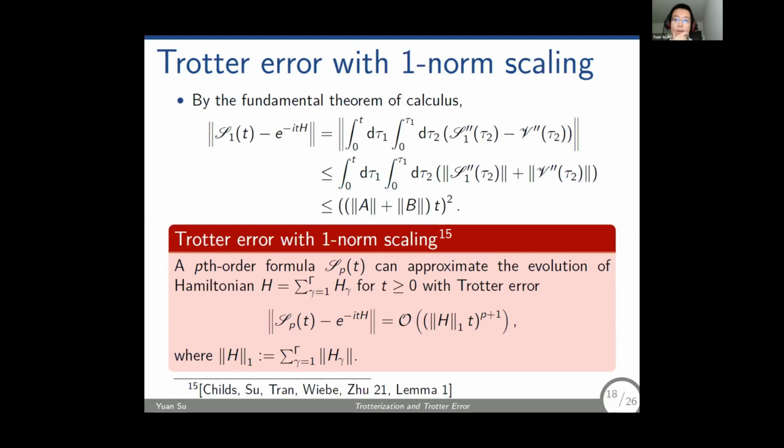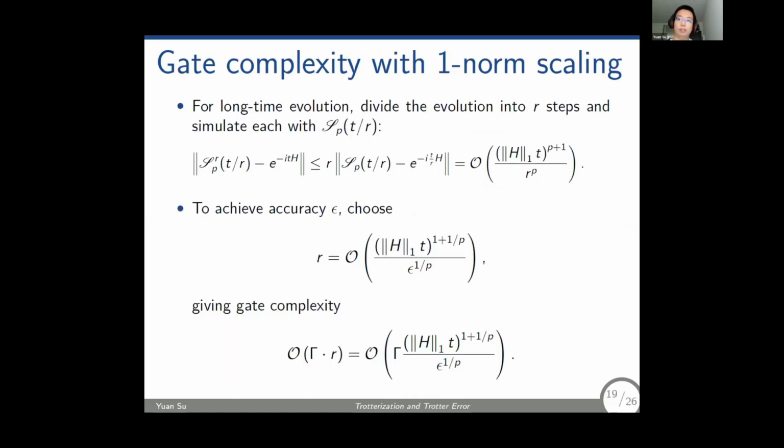Okay, if you remember, this is for short time evolution. For longer time, what you want to do is you only apply this formula for a short time, and then you repeat it many, many times. Let's say you repeat that R times. By triangle inequality, the error will just be R times the error of each elementary step.